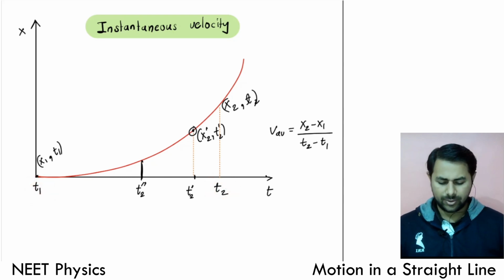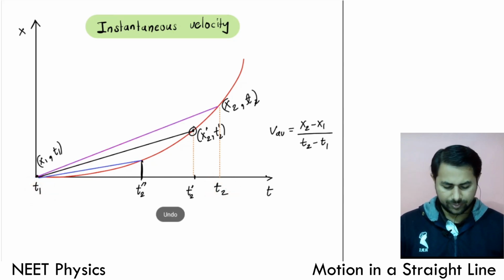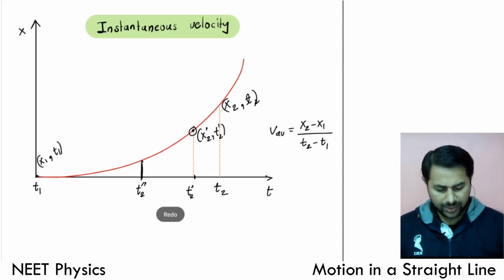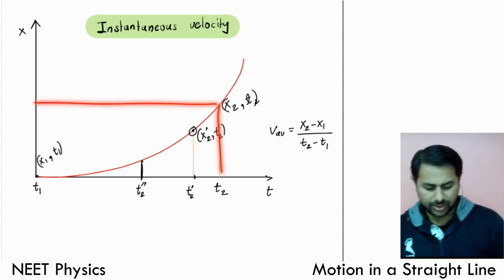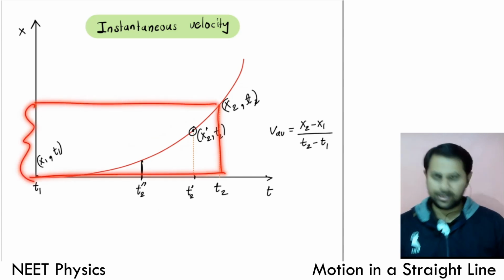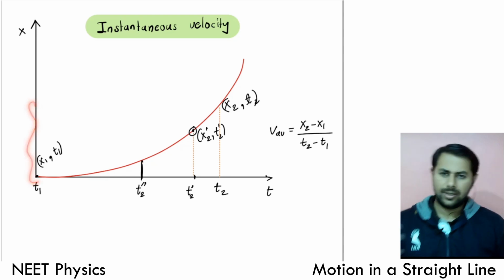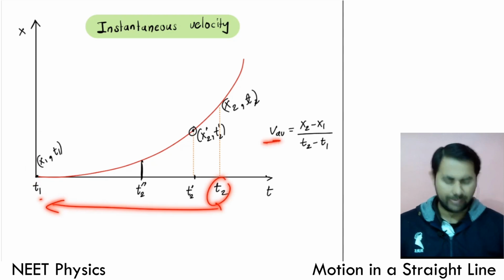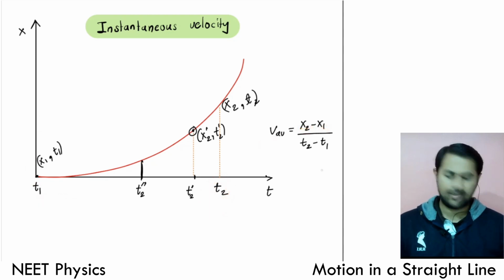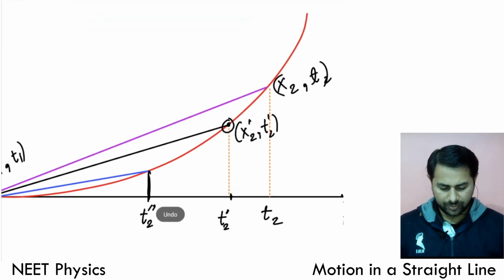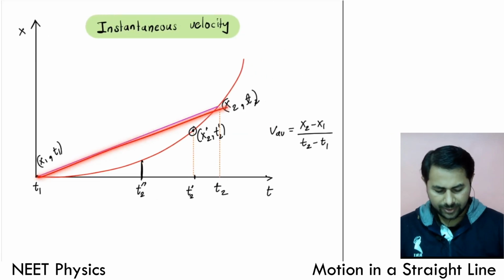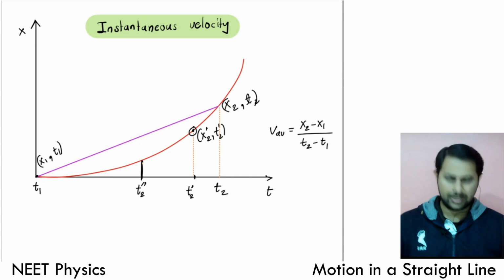What I will do is take the change in position, which is this one, divided by the change in time, that's t2 minus t1, which is this much. So average velocity is x2 minus x1 divided by t2 minus t1, right? And that average velocity is given by the slope of this line, and this line is known as what?